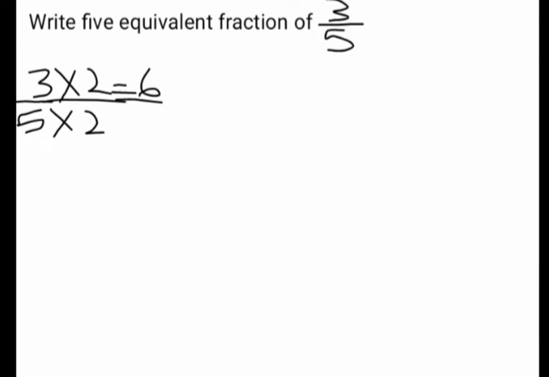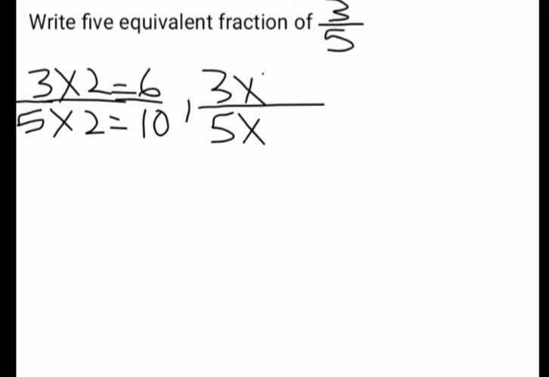Okay, so we have to find out 5 equivalent fractions. So the question is 3 upon 5. So first one will be, we will multiply it with 2. So it will be 6 upon 10. The second one we will multiply it with 3. Any number you can take.